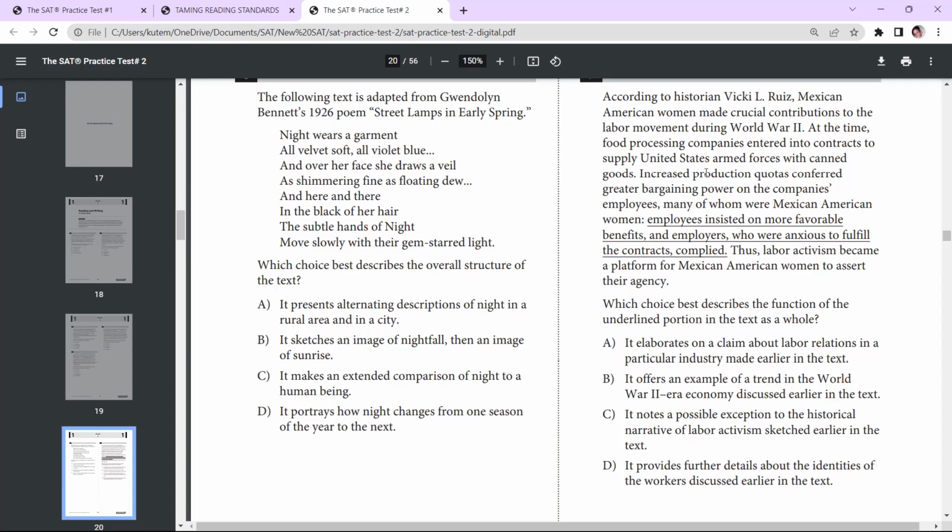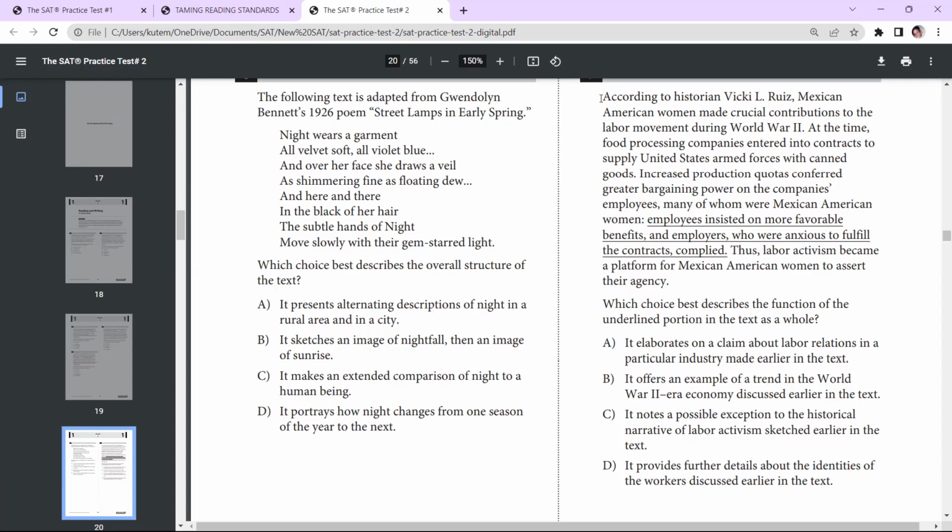Okay, so it's also a lot of information, or at least compared to the last questions, a lot of information to filter through. So let's see. Remember that we're trying to find the context, and to do that, we need the main idea. So let's see what is being talked about. There's a historian, and here it says the crucial contributions to the labor movement of Mexican women in World War II.